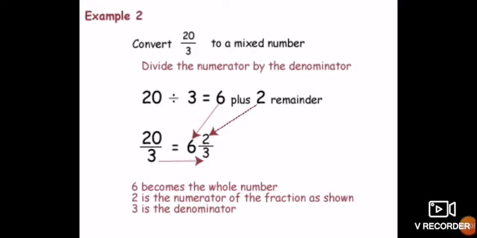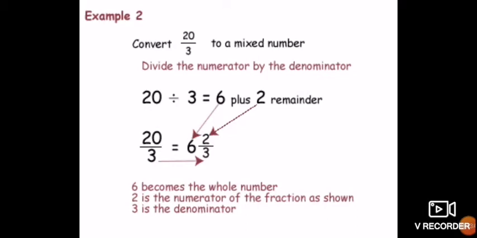Now 6 you will write, and the remainder 2 you will write upon 3, that divisor. So 6 becomes the whole number, 2 is the numerator of the fraction as shown here, and 3 is the denominator. So I hope how to convert an improper fraction into a mixed number is clear to you all.